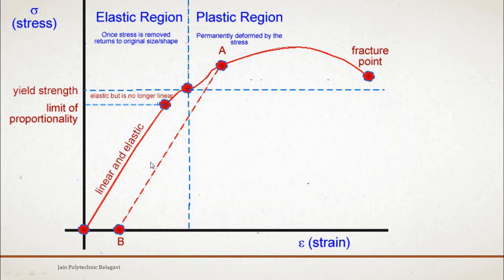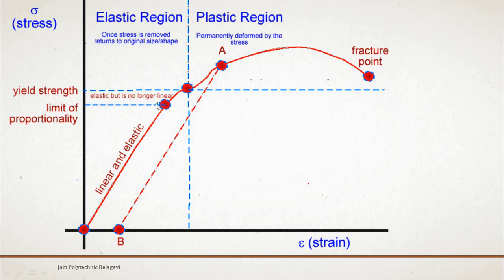So here also you can find the same graph of the MS bar, but here you can find the regions where the plastic and elastic regions are formed. So you find that the proportionality limit is at this location, wherein till this point you may find a linear and elastic straight path of the stress and strain, because stress is proportional to strain within this limit of proportionality.